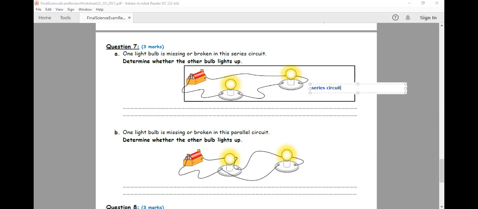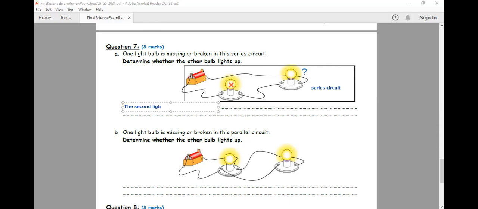Imagine that one light bulb is broken or messed up. Will the second one light up? What happened to the second one? No, it will not light up, because the energy is flowing together.